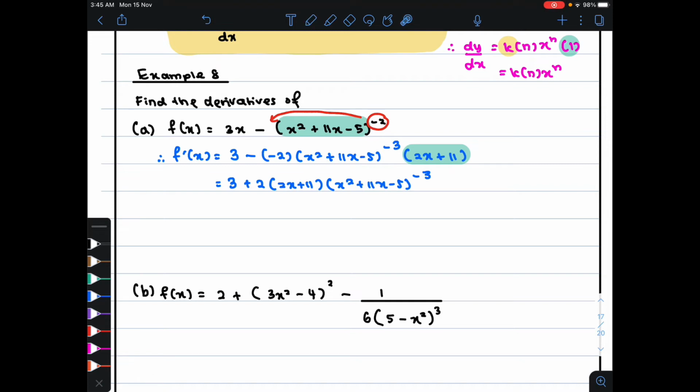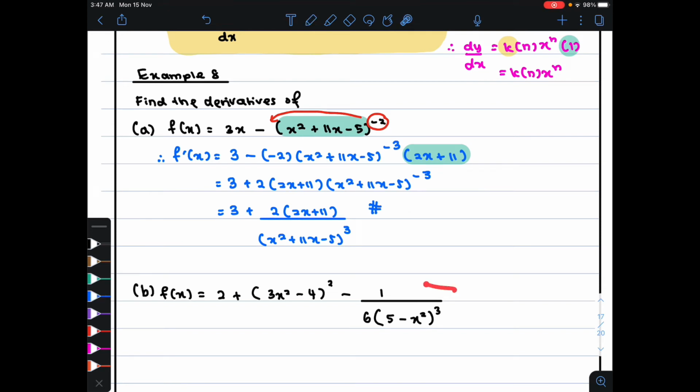So is this the final answer? No, because we still have this function with the power negative 3. So let's bring this back to the denominator. So that is the final answer of question A.